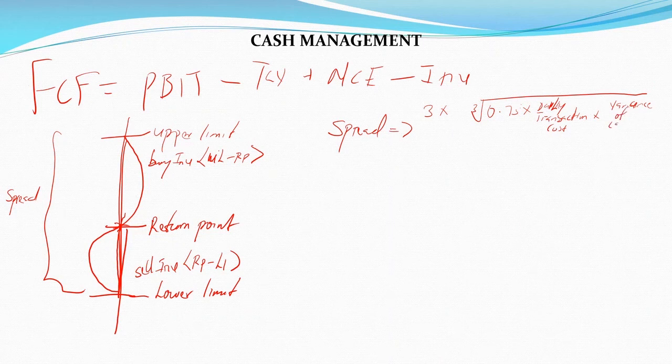I said variance of your cash flows daily, times, the examiner gives you standard deviation, all over your daily interest rate. Okay, so what do I have here?